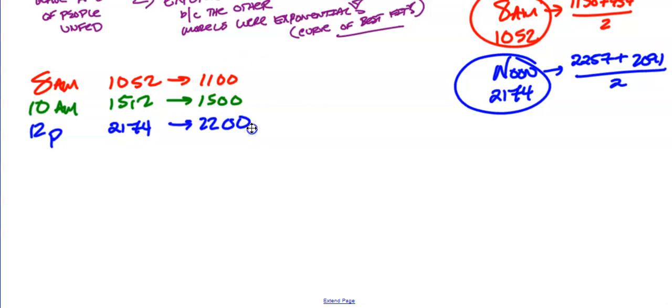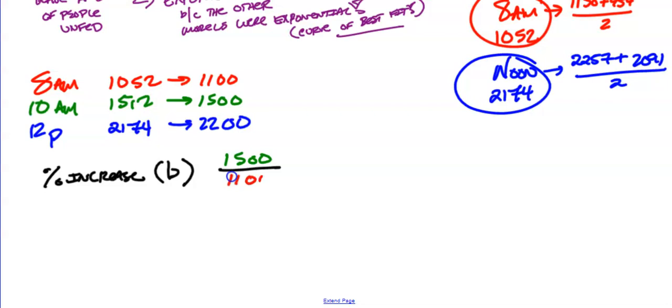Okay, so if we look at these now, to find the percent, we need to figure out what our B is equal to, or what is our percent. We know it's an increase, but just exactly what is it? Percent increase, which is our B. We're going to get that by taking 10 a.m., which is this 1500, and dividing it by 1100, which is our 8 a.m. value.